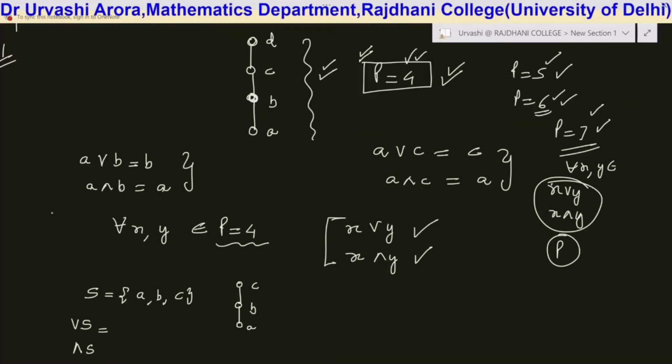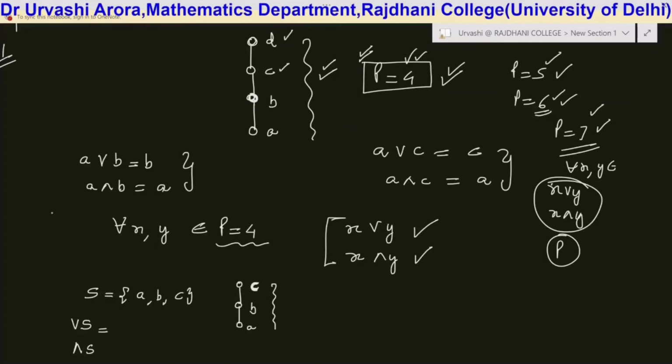Now the join of S will be that element of the poset P such that all the 3 elements of S are smaller than it, and that particular element is C, because all the 3 elements A, B and C are smaller than or equal to it. In fact, C is not the only such element.